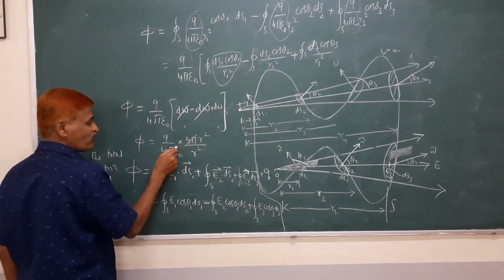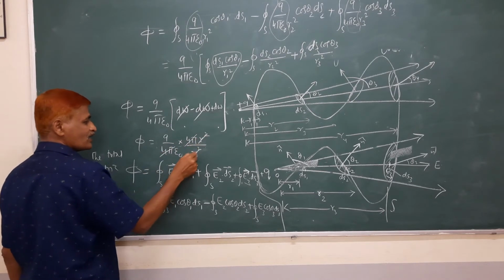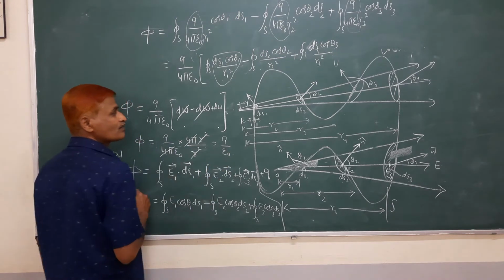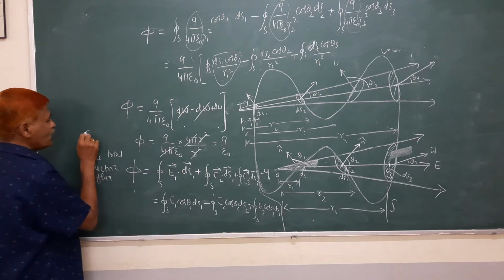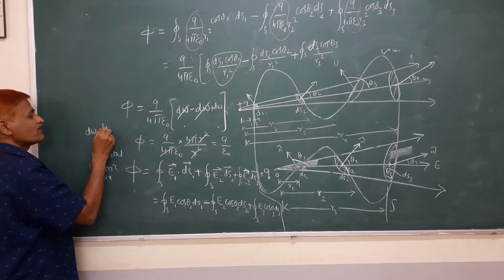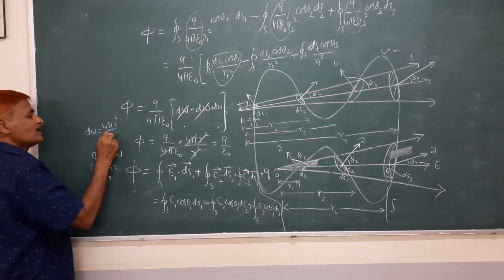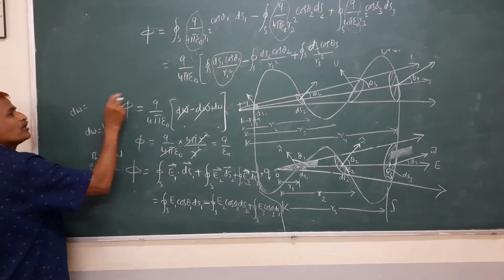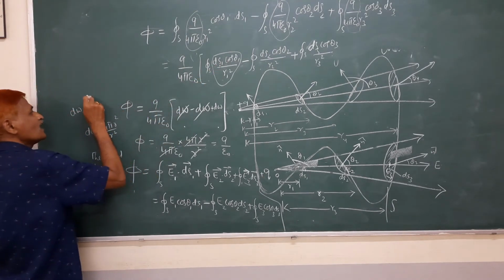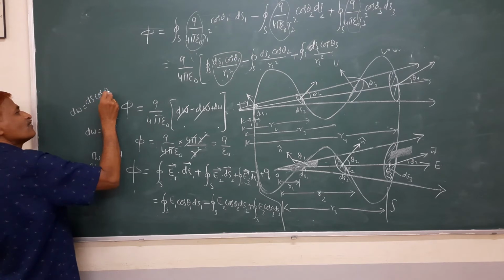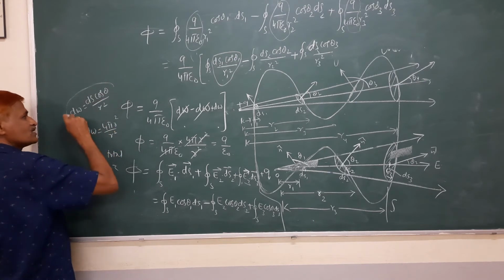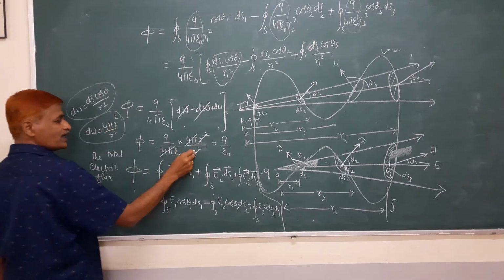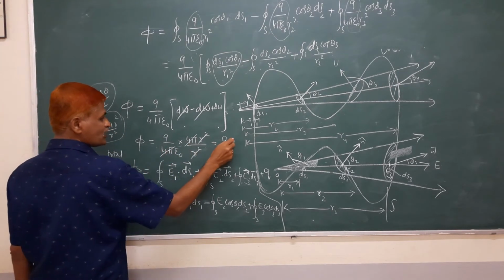So 4 pi gets cancelled, r square gets cancelled, and this becomes q divided by epsilon, because the total solid angle is given by total surface area divided by r square. And what is d omega? d omega is nothing but ds cos theta divided by r square. These are the things you should remember. I have substituted here and they get cancelled. This is q divided by epsilon.